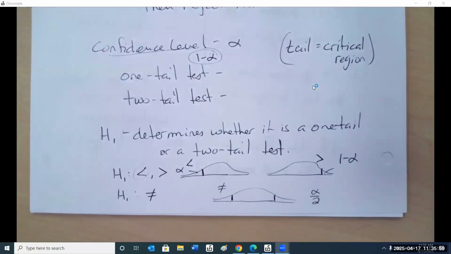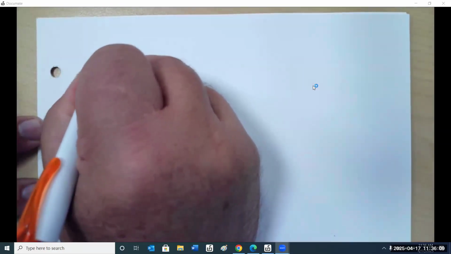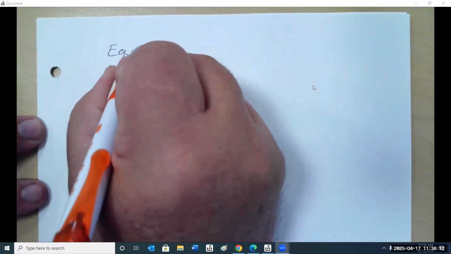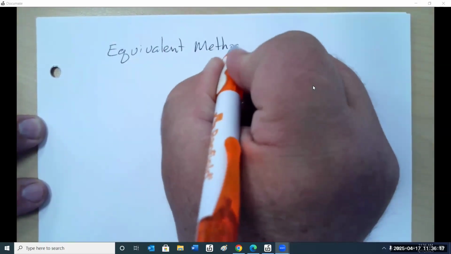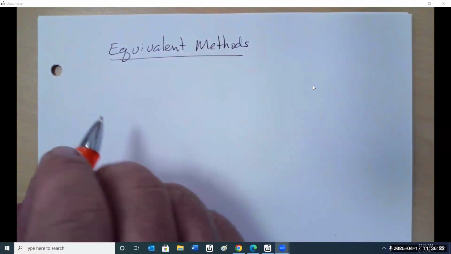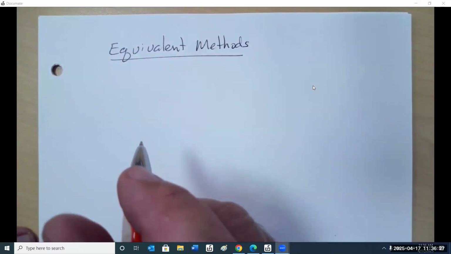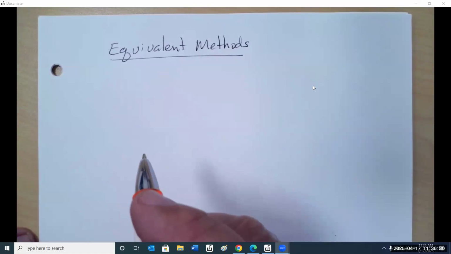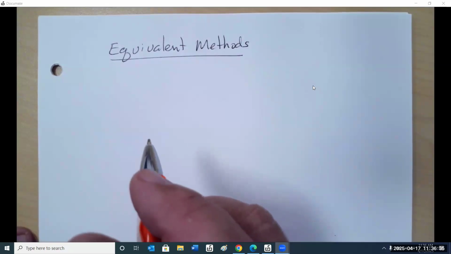On the note package that I gave y'all, we could see the equivalence methods, how they're equal. I also said, be very careful, I put this in there. Caution: in some cases, a conclusion based on a confidence interval may be different from a conclusion based on a hypothesis test.